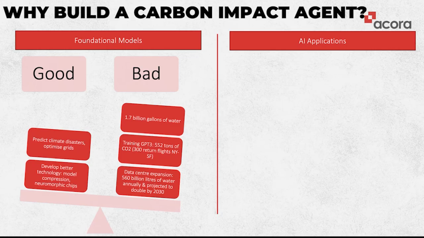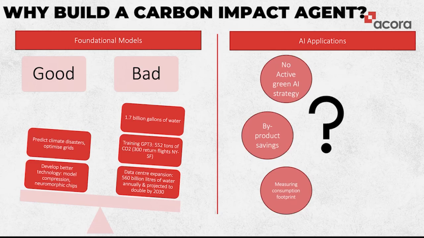So I think on the foundational side and the upstream end of the supply chain, we acknowledge some of the challenges and have actually started putting in remediation efforts. But on the downstream side, where we're actually building these AI applications and consuming them, we maybe haven't given so much thought. In the consultancy world where we live, I don't see a lot of green active AI strategy.